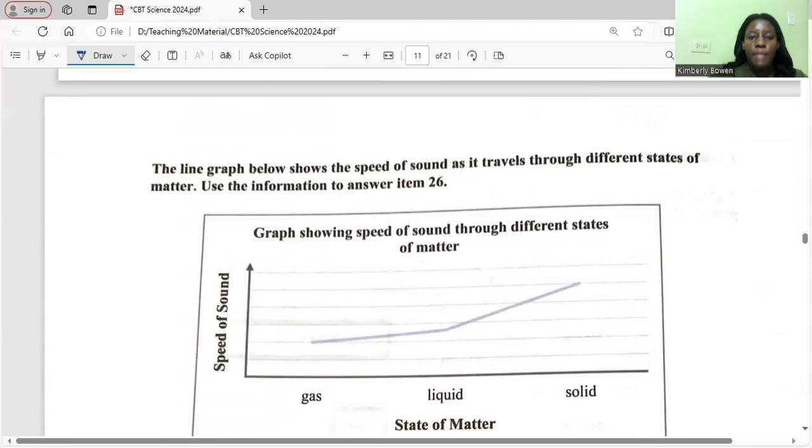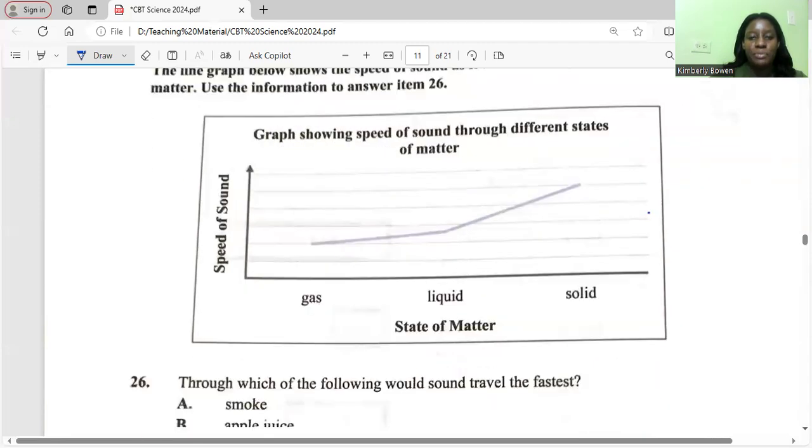The line graph below looks also like a repeated question. I can't quite remember, but I'm pretty sure I've done this before. The line graph below shows the speed of sound as it travels through different states of matter. Use the information in the graph to answer item 26.